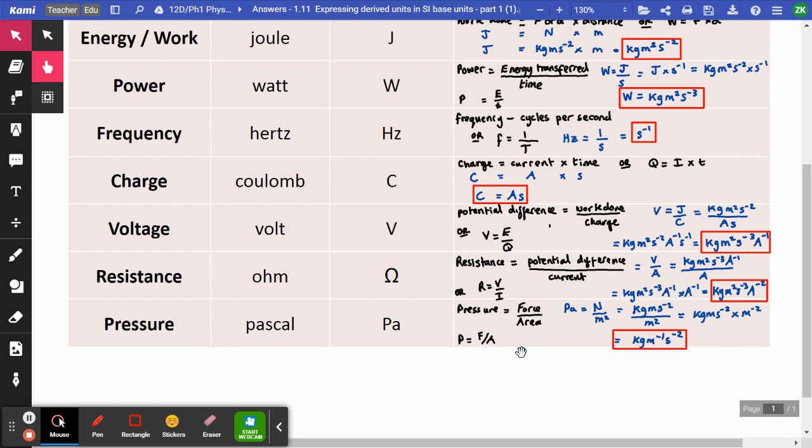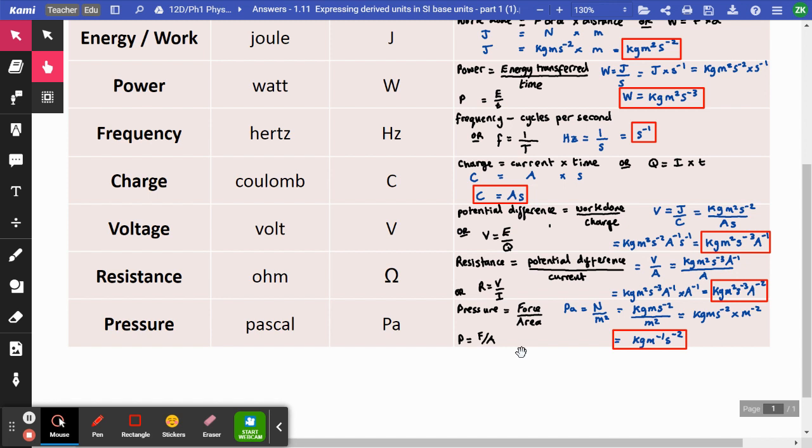And the reason why we add powers is because it's multiply. Okay, and that is the standard base representation of the ohm. So 1 ohm in base units is 1 kilogram meter squared seconds to the minus 3, amps to the minus 2.